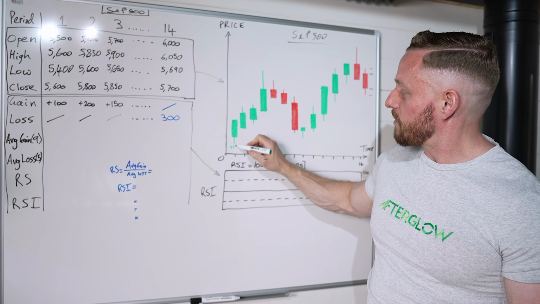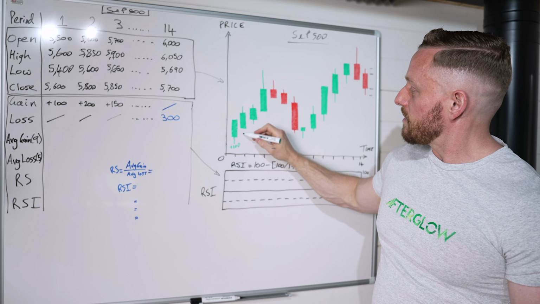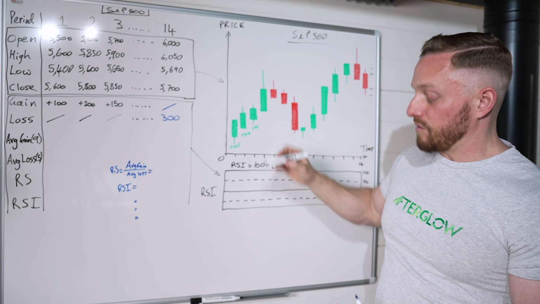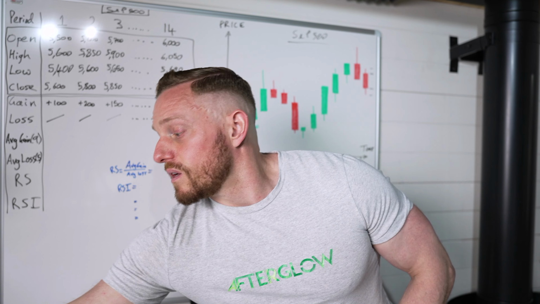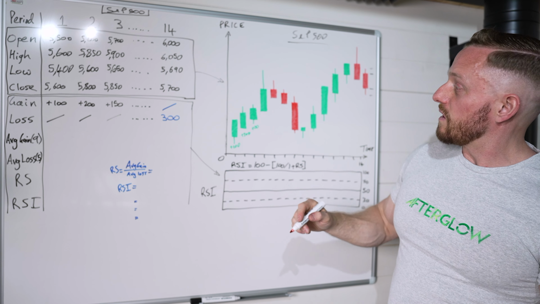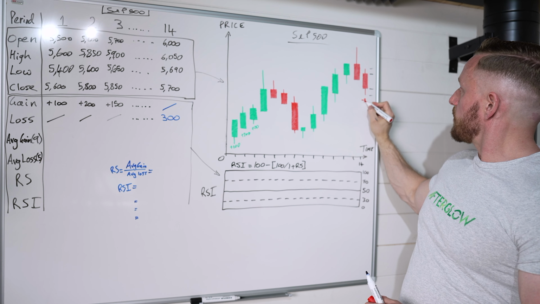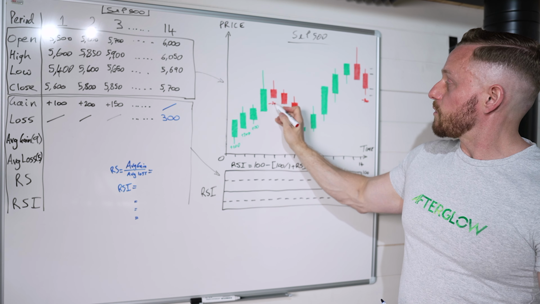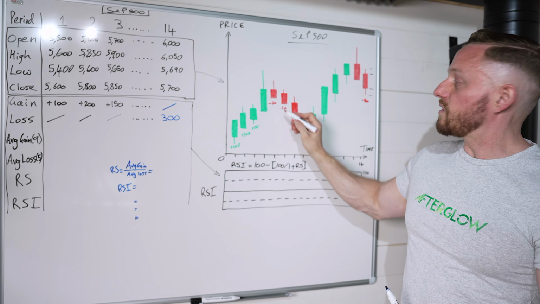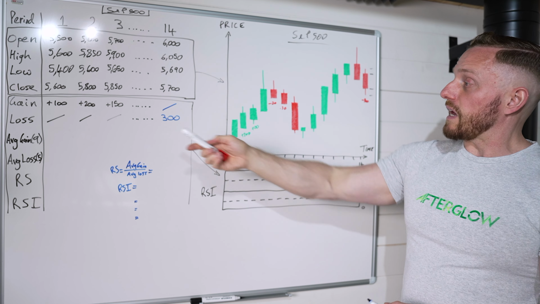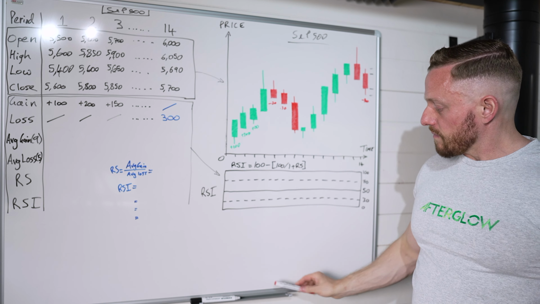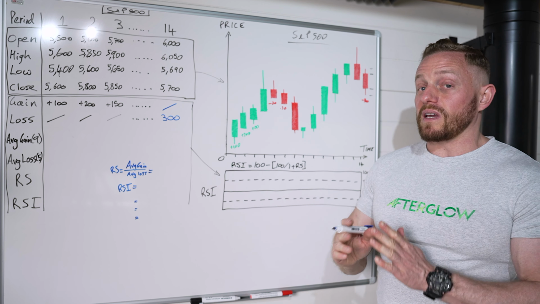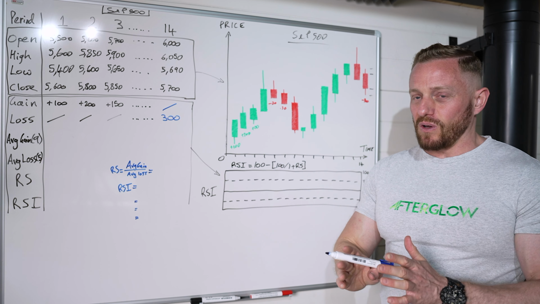So that's plus 100, the next one plus 200, this one plus 150, and then for the down candles, well, that's minus 300. Let's say that's minus, I don't know, 20, minus 30, and so on. And you can calculate this for all of them. But to calculate the relative strength, we need to know the average gain or average loss.